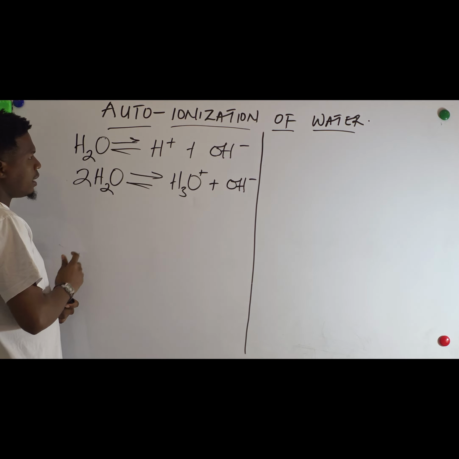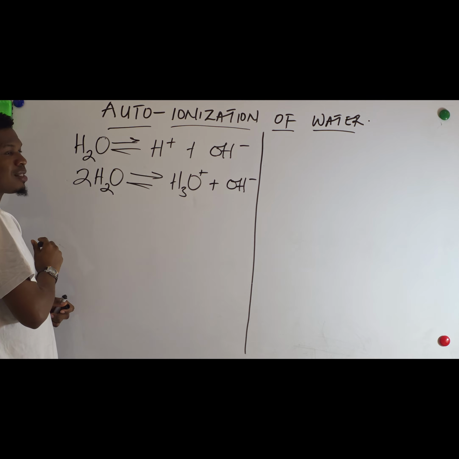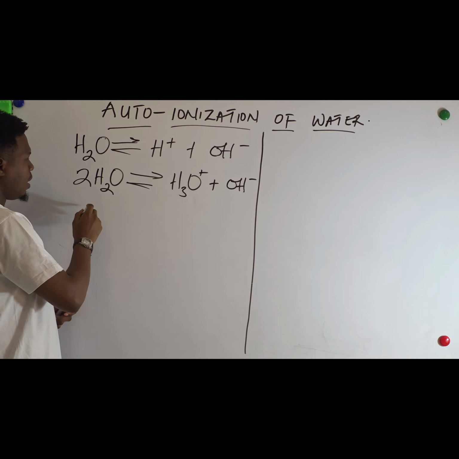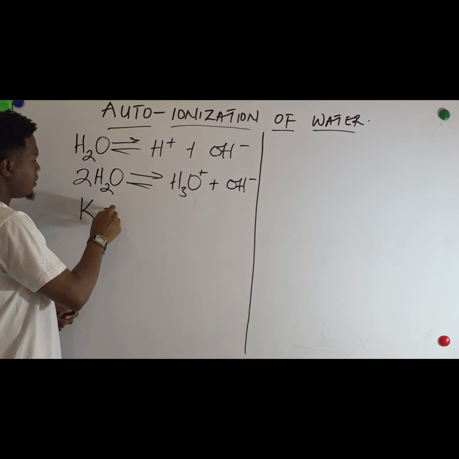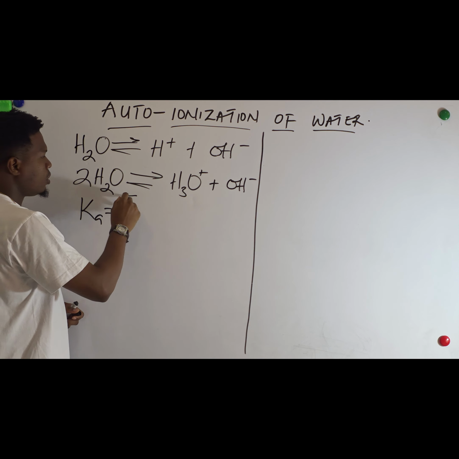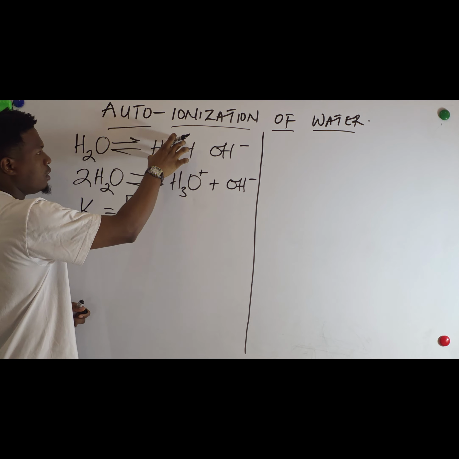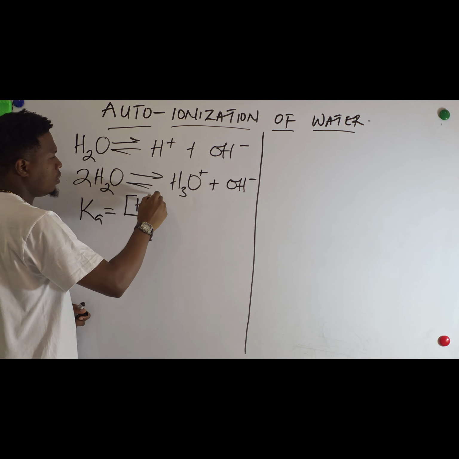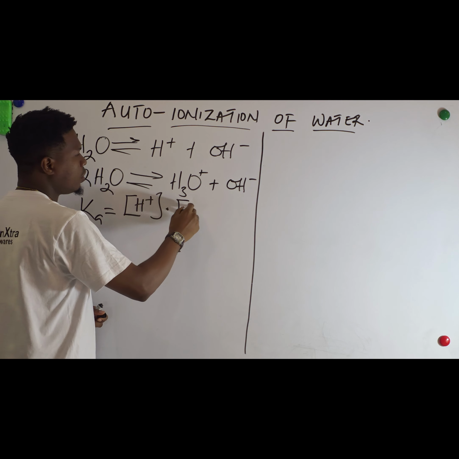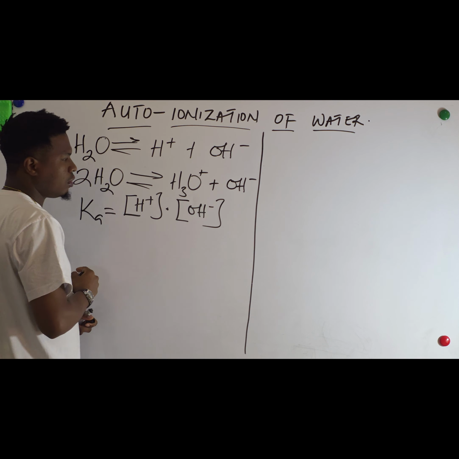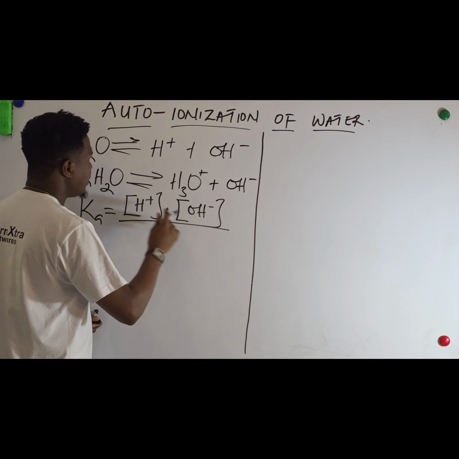If we write the equilibrium constant of this expression for the activity of the ions, we have that Ka is equal to the concentration of hydrogen ion multiplied by the concentration of hydroxide ion, divided by water.